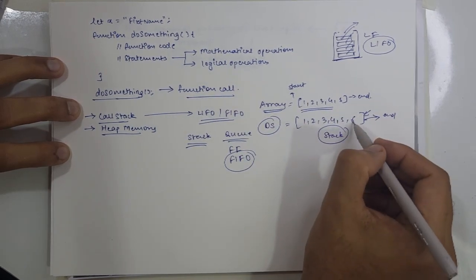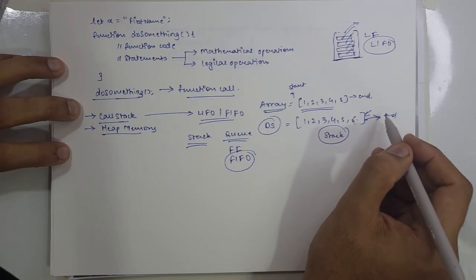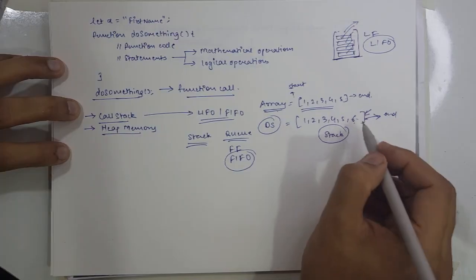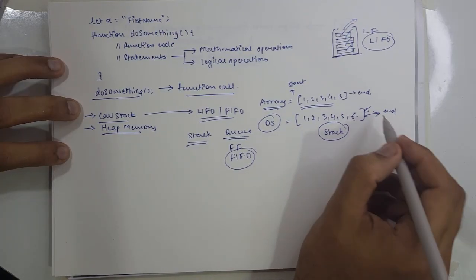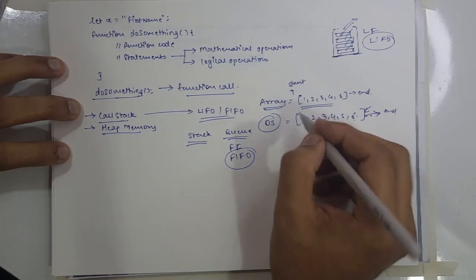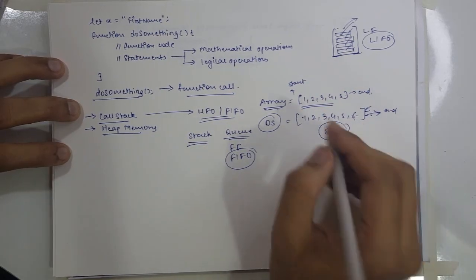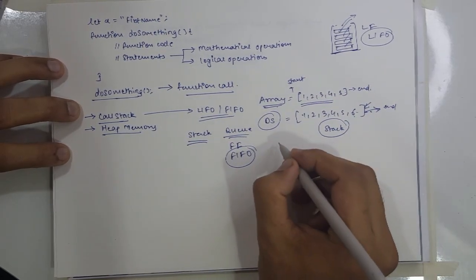So I can add values at the end, I can remove a value from the end. This is called a stack. In arrays, generally you can add a value at the end and you can remove a value from the end. You can't do it from the first position. That's another topic altogether, but this is what arrays are.